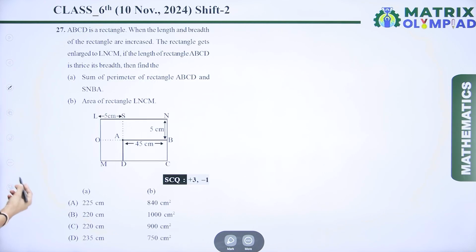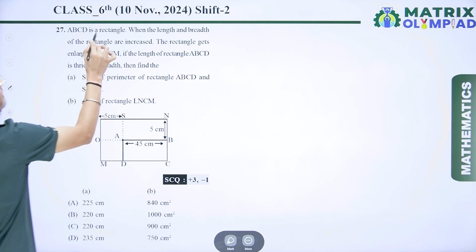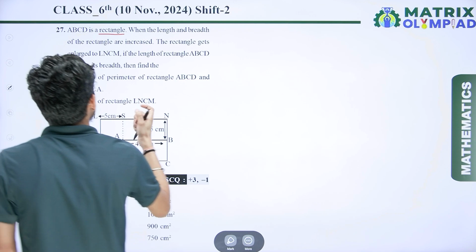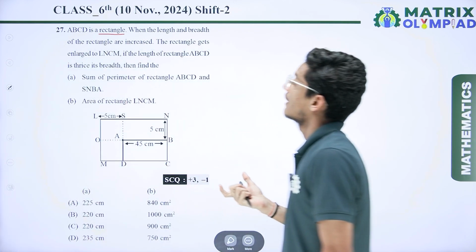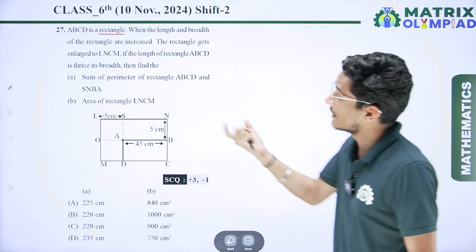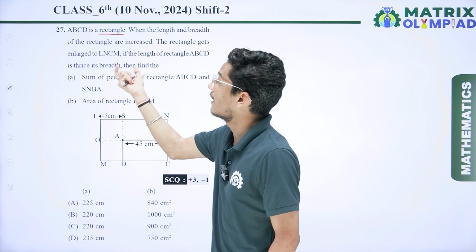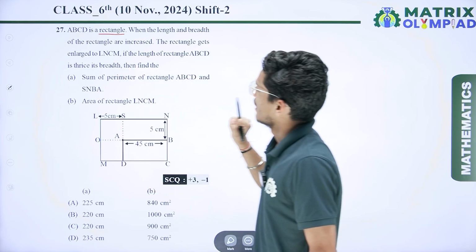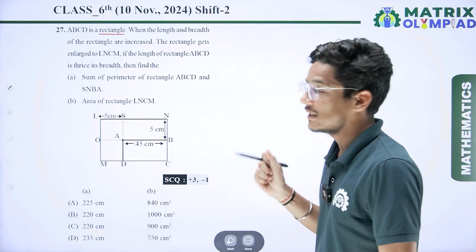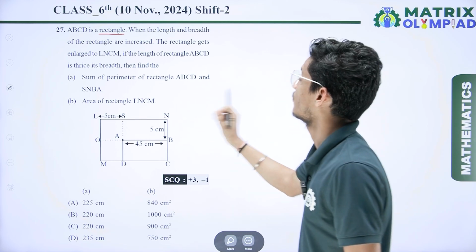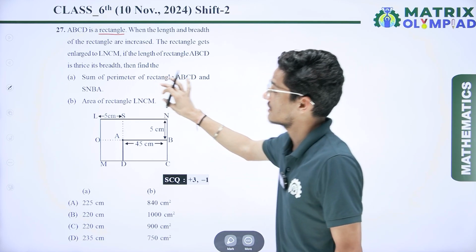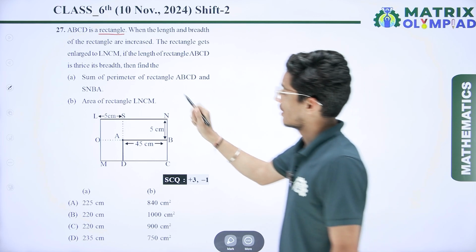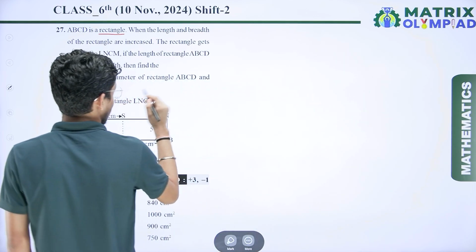Now the next question: ABCD is a rectangle. When the length and breadth of a rectangle are increased, the rectangle gets enlarged to LNCM. If the length of rectangle ABCD is thrice its breadth, then find... Here we have two conditions and we have to find two values: the sum of the perimeters of the rectangles.